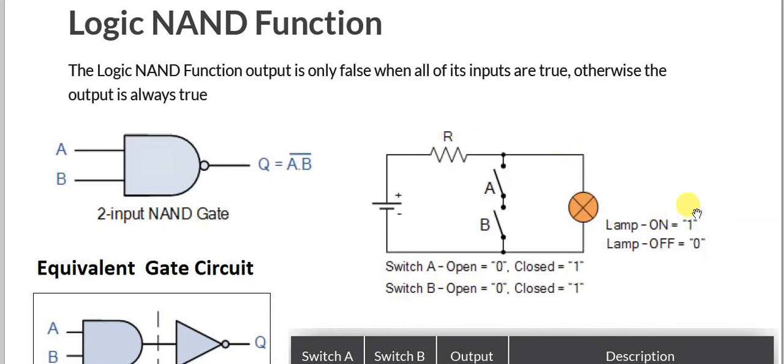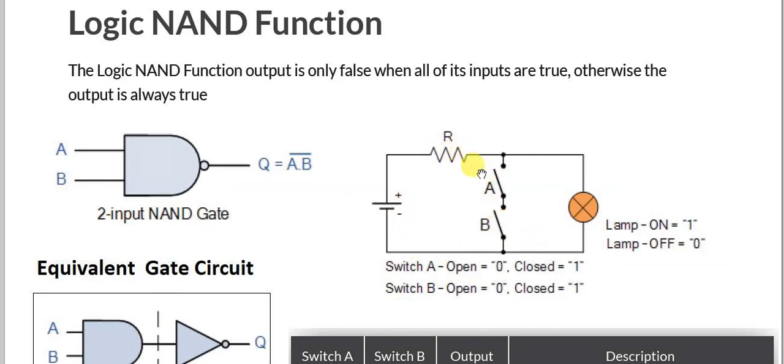Again, the current will still flow through the lamp, and the lamp will turn on, it is equal to 1. So for this circuit to have the Q output equal to 0, all of its inputs have to be true, meaning the state of 1. This is on, this is on, A is 1, B is 1, the circuit will be short circuited, current will pass through this branch, and output is equal to 0 in that case.